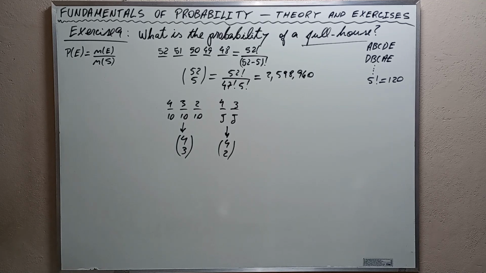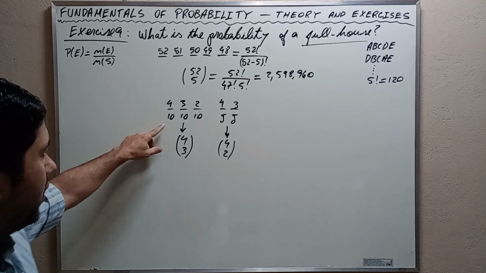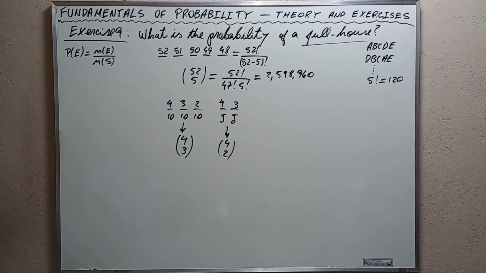Additionally, observe that there are the combination of 4 taken 2 at a time, different combinations of, for example, jacks, and the combination of 4 taken 3 at a time, different combinations of 10s, okay? As the ranks have to be equal, when I say rank, I say the number. As the ranks have to be equal, the cards are different only in the suit.